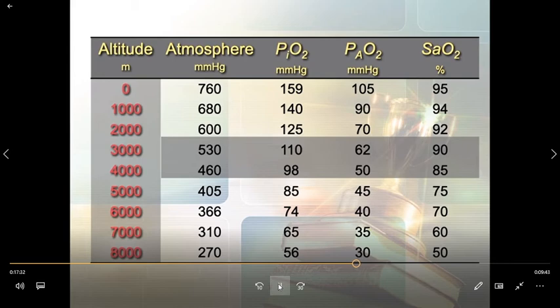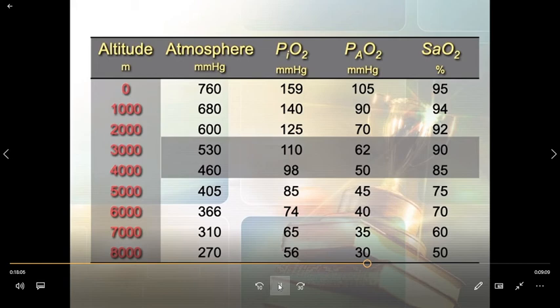And who knows the altitude of the Himalaya or Everest? And what is the atmosphere over there? The altitude of Everest is 8,848 meters.